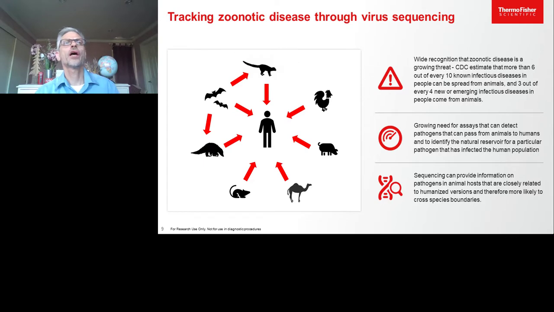Or they can start from a viral source such as a bat and pass through another animal, either a civet, as in the case of the original SARS, or it's postulated that pangolins are the intermediary hosts for the SARS-CoV-2 virus. So there's a growing need for assays that can detect pathogens that can pass from humans to animals to humans, and also to identify the natural reservoir for a particular pathogen that has the possibility of infecting the human population.